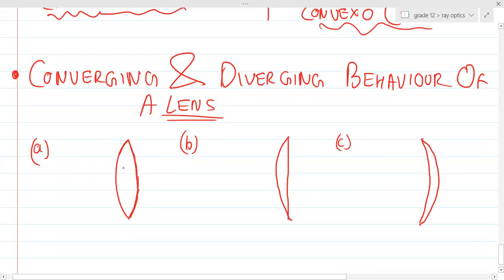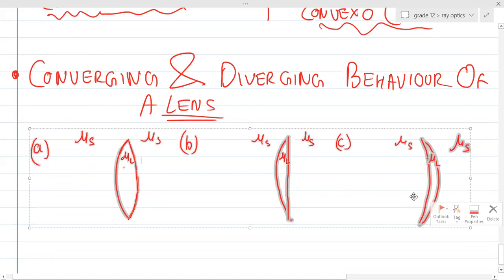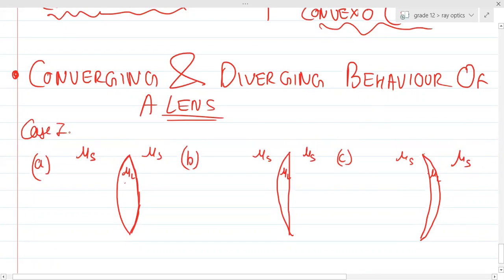Now, suppose the surrounding medium is mu s and the lens is mu l. In the first case, if the refractive index of the lens is greater than that of the surrounding, that implies what?